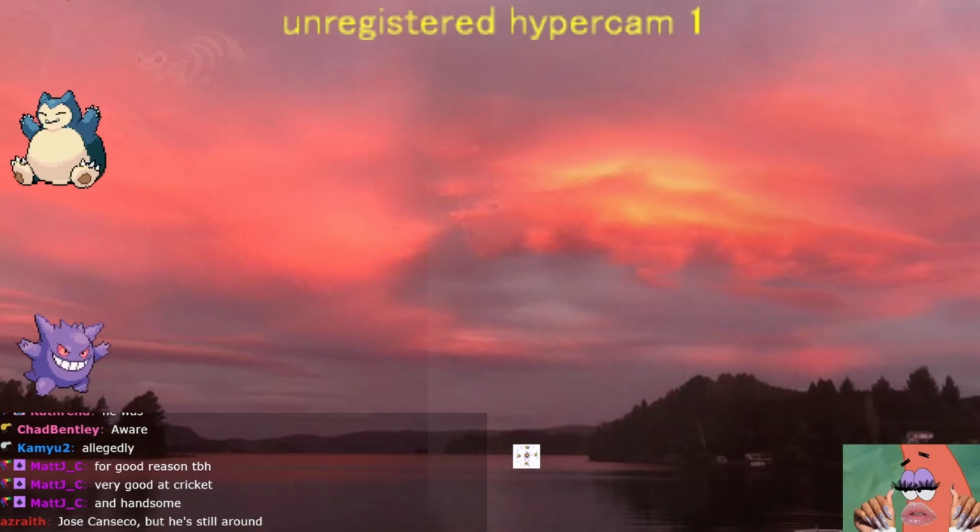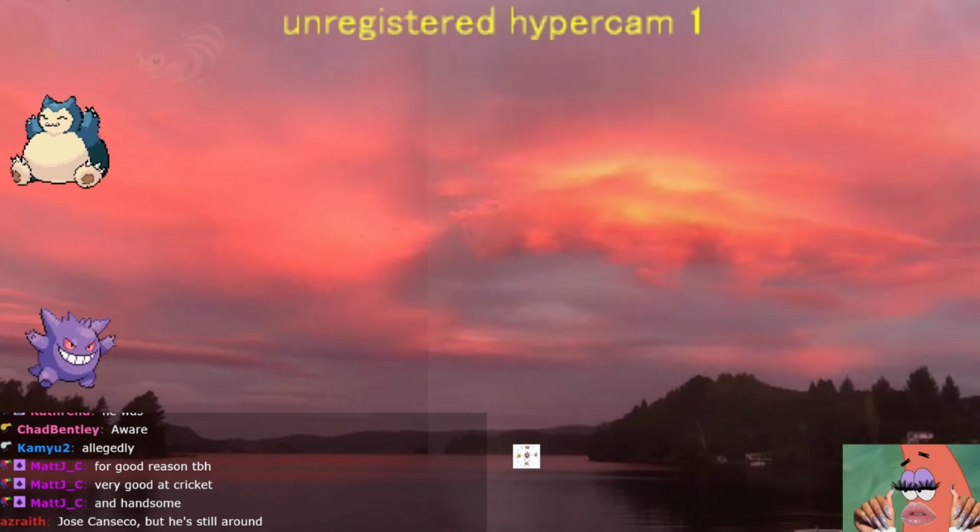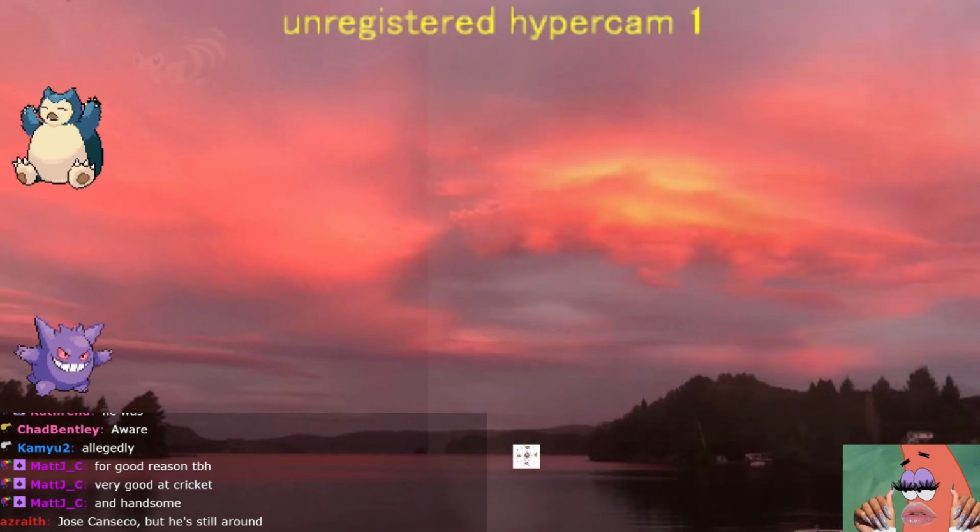So Shane Warne was a leg spinner. So if you're looking down the pitch, Shane Warne turned the ball from right to left. Muralitharan was an off spinner, so his default delivery was to turn the ball from left to right, so the other way. And they're also different grips and different releases.